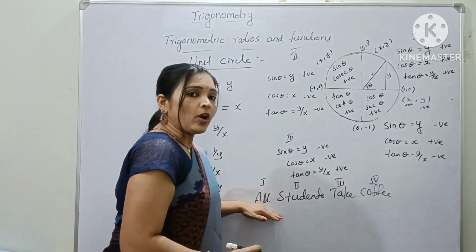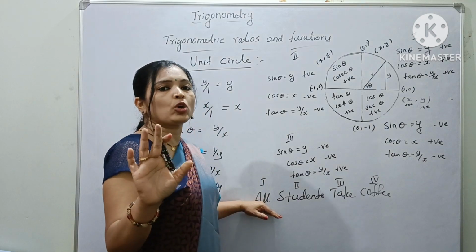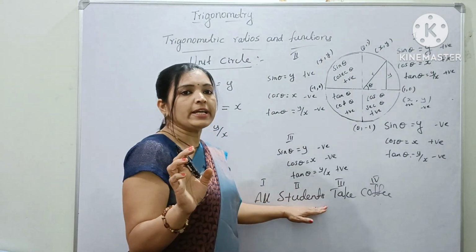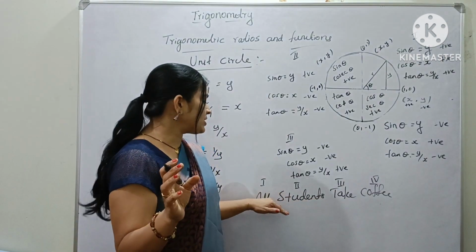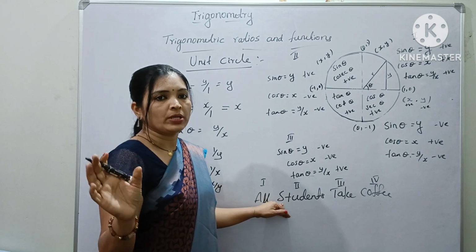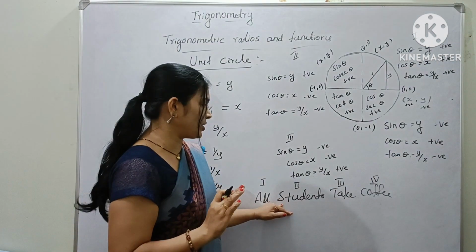First, all: in the first quadrant, all 6 trigonometric functions are positive. The second word is students. The first letter is S, for sine. So sine is positive, and since sine is positive, cosec is also positive in the second quadrant.